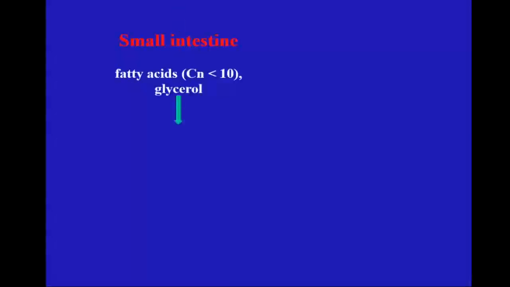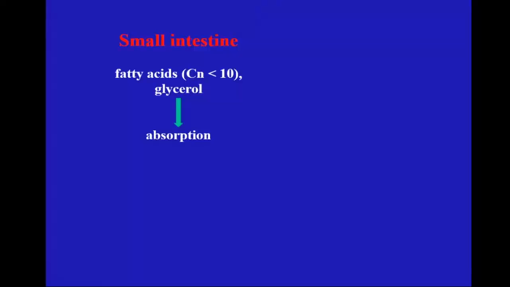In the small intestine, the process of absorption is started in the lower part of the small intestine. Pay attention that part of the resulting products after digestion, after cleavage of lipids, is water soluble. So if a small quantity of free glycerol is formed, it can be absorbed easily into the blood because glycerol is a water soluble molecule.